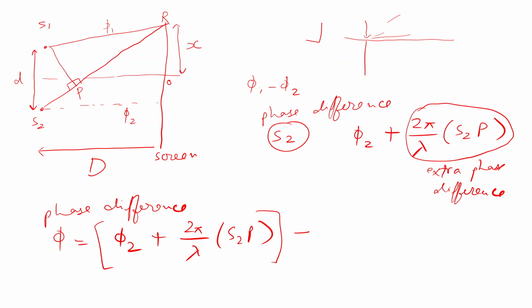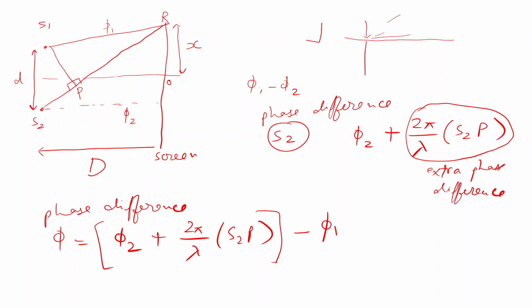If this is a straight line, then it will be simply phi1. If it is also going away like this, then it will be something a little more. But just consider that S1 is going in a straight line, and this one is going away from the straight path. So this will be phi1, and this difference will give us the phase difference here.